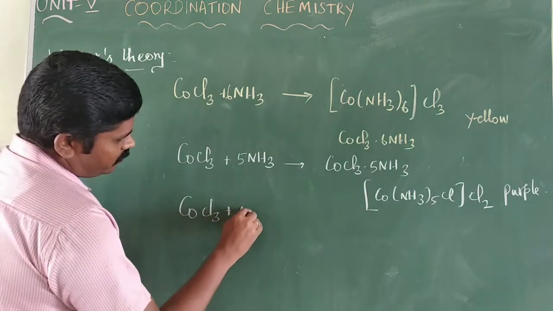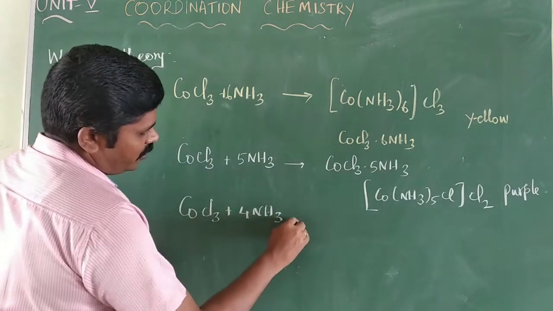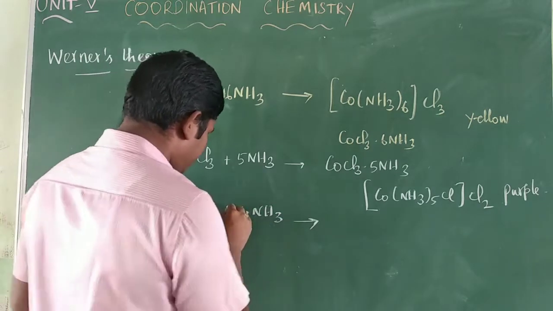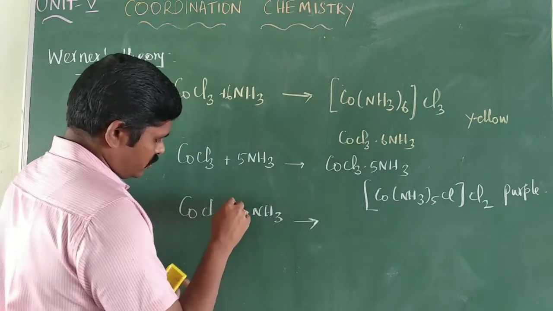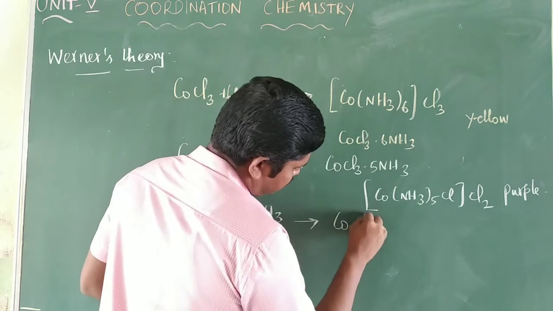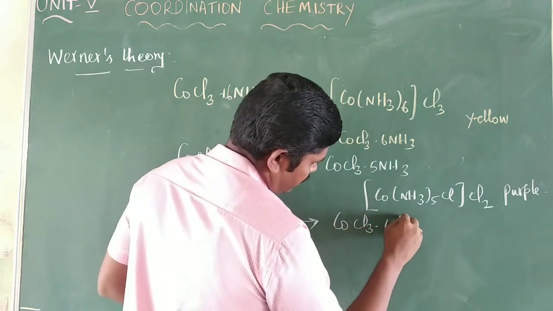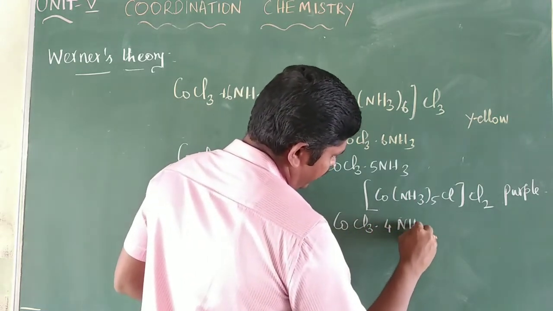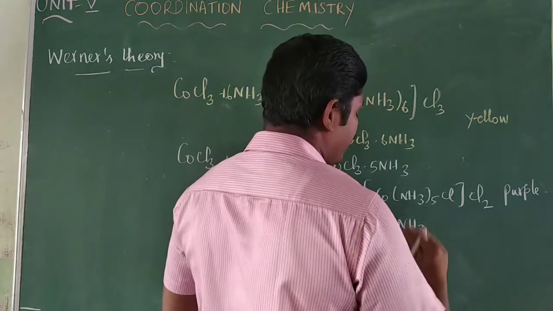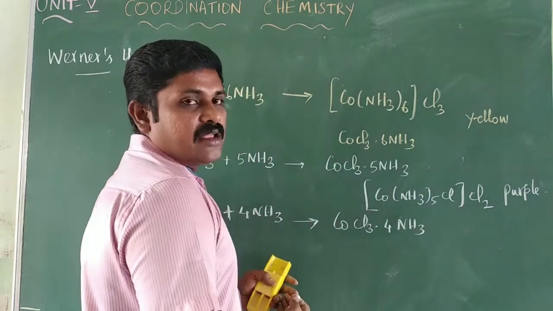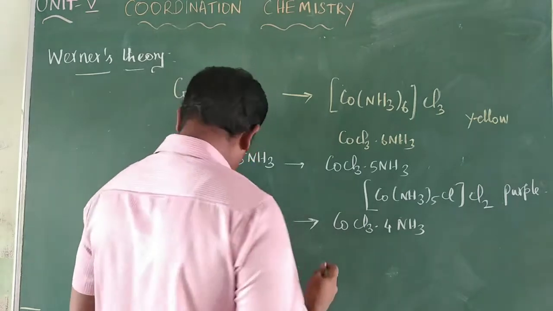So the next, CoCl3 with 4NH3 gives two different complexes.